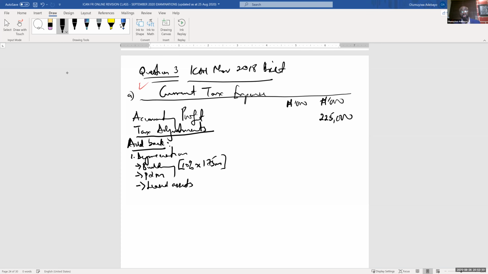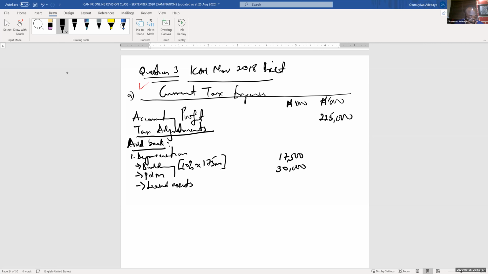Or simply put, 175 million divided by 10 years, which gives us 17.5 million per year. We are told that the balance in respect of plant and machinery is after providing for depreciation of 30 million. Therefore, we add back 30 million depreciation for plants.